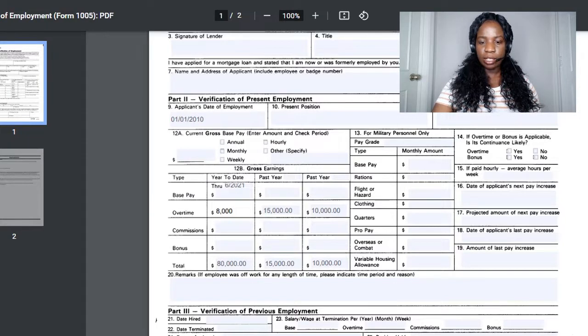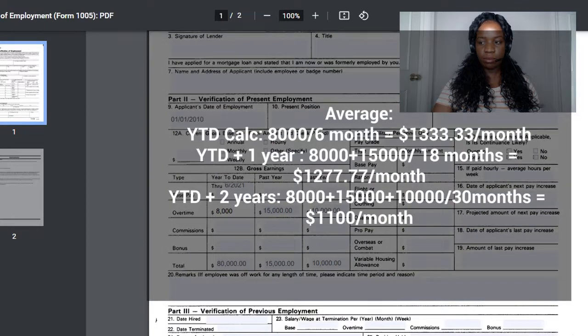You'll take 10,000 plus 15,000 plus this 8,000 and divide it by 30 months, and you would get $1,100 per month.